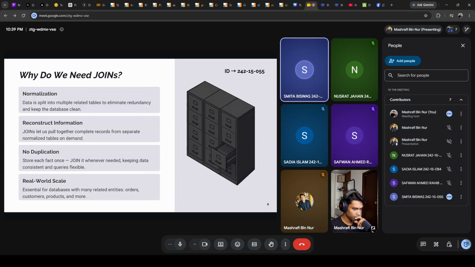Then, no duplication: data is stored once and retrieved when needed. Last, real-world scale: join is useful for large connected databases. So I think join keeps data organized and easy to manage. Next slide, please.